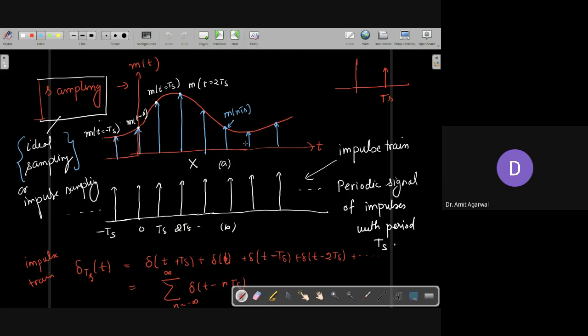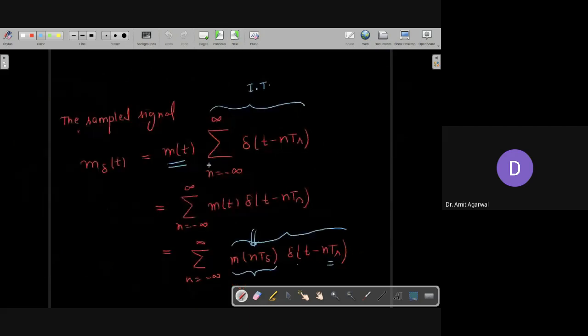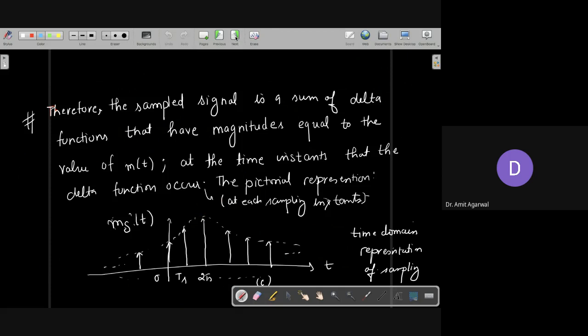This is the summation of all those impulses, and this is the ideal sampled signal. The sampled signal is a sum of delta functions that have magnitudes equal to the value of m(t) at the time instance where the delta function occurs, which is the location of the delta function. The pictorial representation is this. This is nothing but the time domain representation of sampling. When you sample in the time domain, your sampled signal will look like this.